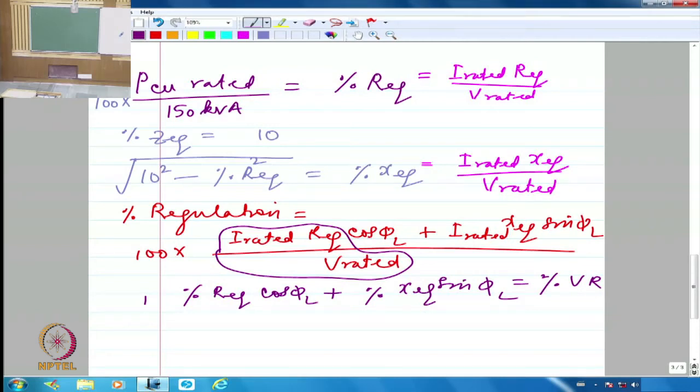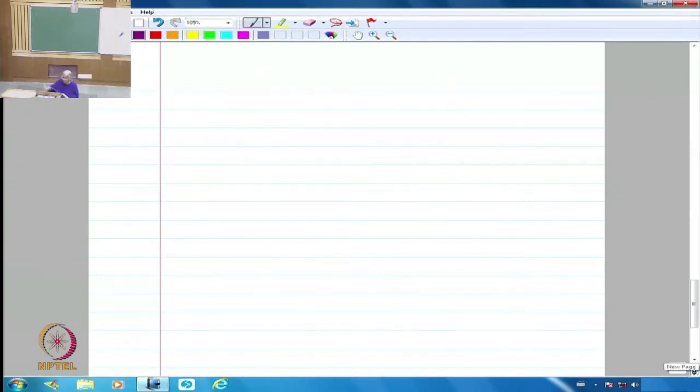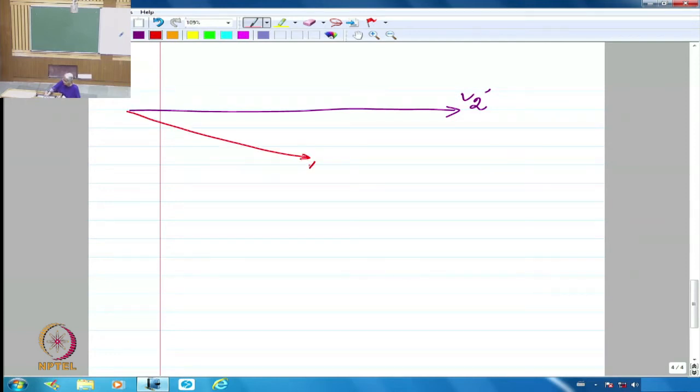He says, when we actually drew the phasor diagram for the transformer, if you may recall, we wrote, let's say, this is V2 or V2 dash, if I am talking about it from the primary side. And let's say this is my current, I2 dash.